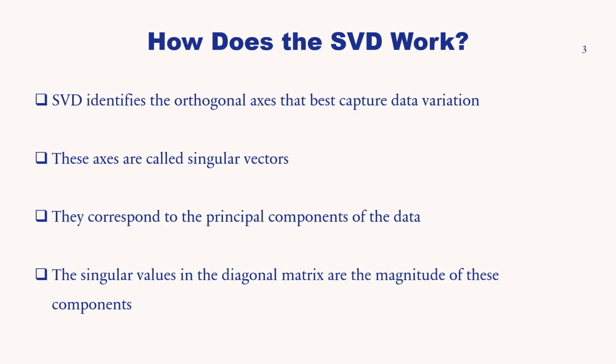Now we're going to look at how SVD works. So first of all, SVD identifies the orthogonal axes that best capture data variation. These axes are called singular vectors, and they correspond to the principal components of the data. Now, the singular values in the diagonal matrix are the magnitude of these components.